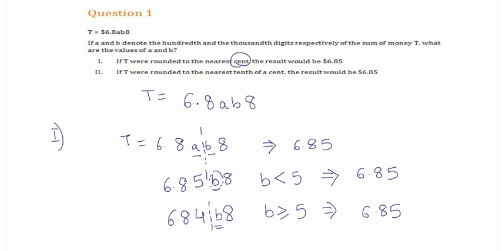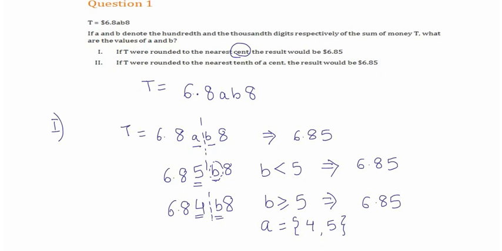So here A can assume two values. It can either be 4 or it can be 5. And B also has multiple values. So we cannot for sure arrive at the exact solution of A and B.